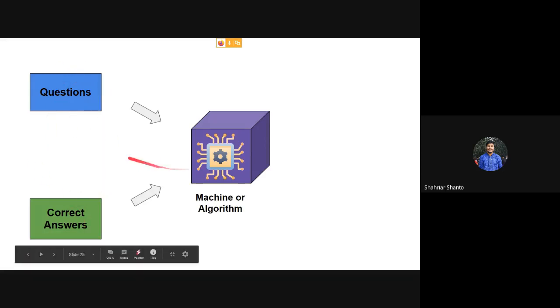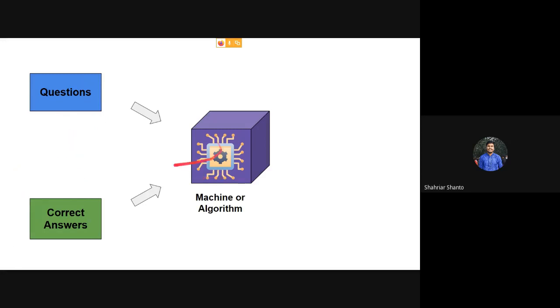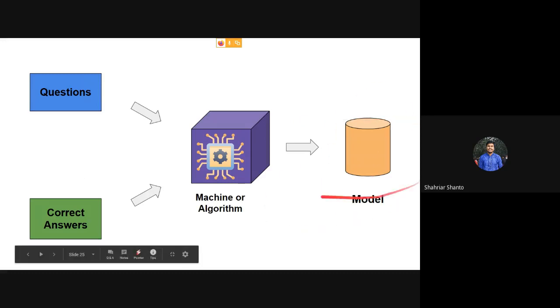Then after seeing all the data sets, all the possible data we can show it, it produces a model, a mathematical model, or any other type of architectural model, that can then predict the correct answers.